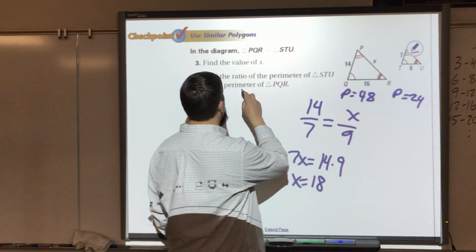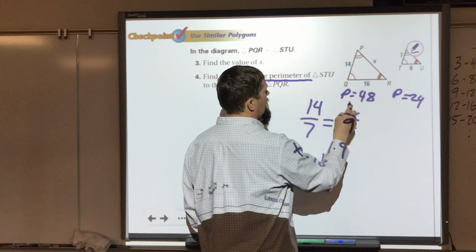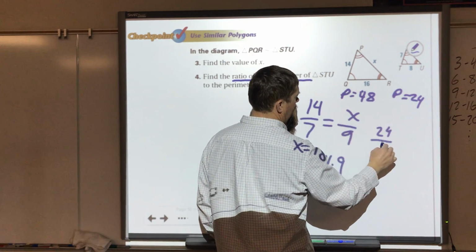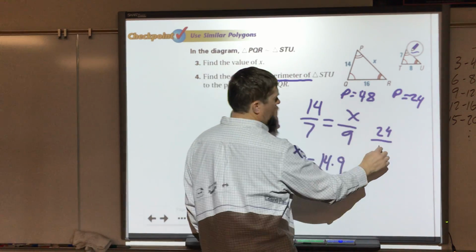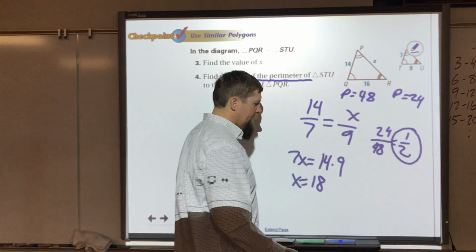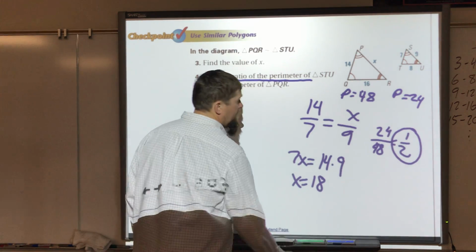The ratio of the perimeters of STU would be 24 over PQR, which is 48, or 1/2. There's the ratio of the perimeters.